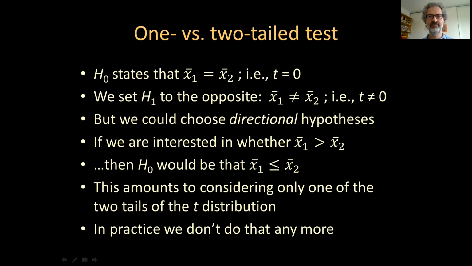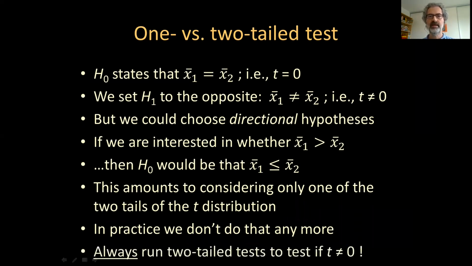In conjunction with the fact that the conventional alpha level of 0.05 is seen as too relaxed by many researchers today, it has become a sort of an unspoken standard that we always run two-tailed tests and never consider one-tailed tests or directional hypotheses, no matter how reasonable they might be from a statistical or theoretical point of view. So always run two-tailed tests, in other words.